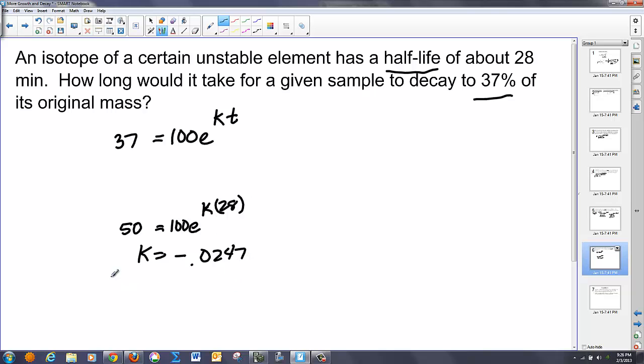Once I have this value, I will plug that into the k in this equation over here, and thus get 37 equals 100 times e to the negative 0.0247 times t. And once again, I'm going to have to use the calculator and graph this to find my t value.